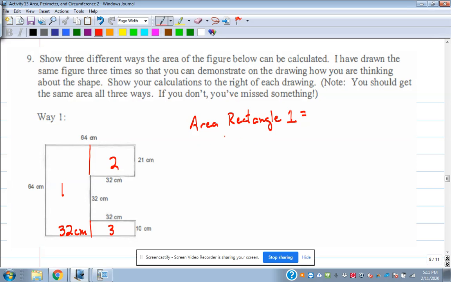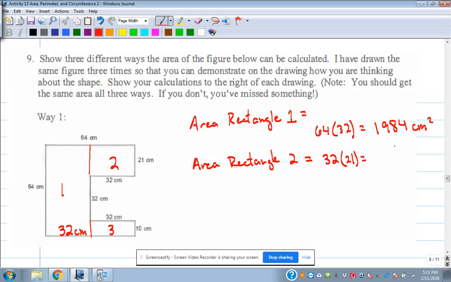So area would be 64 times 32. 1,984 square centimeters. And then let's get the area of rectangle 2, which is 272 square centimeters.